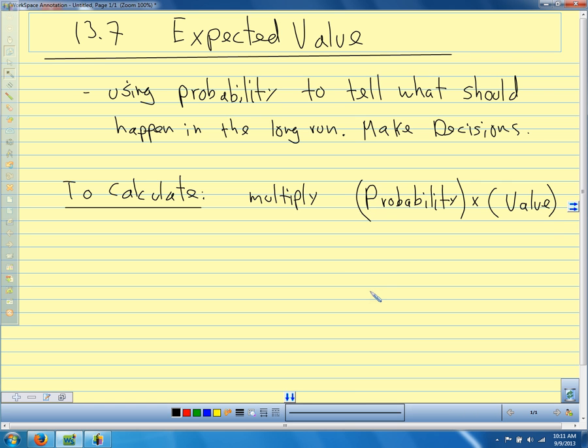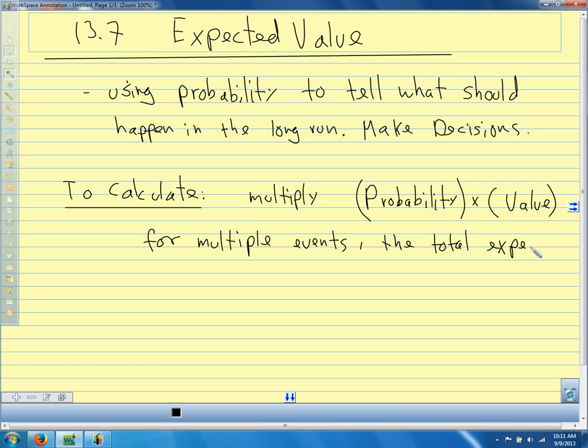If we have multiple events, remember, events are just something that we're interested in. So if we have multiple events, we find the total expected value by finding the expected value of each piece and then adding together.